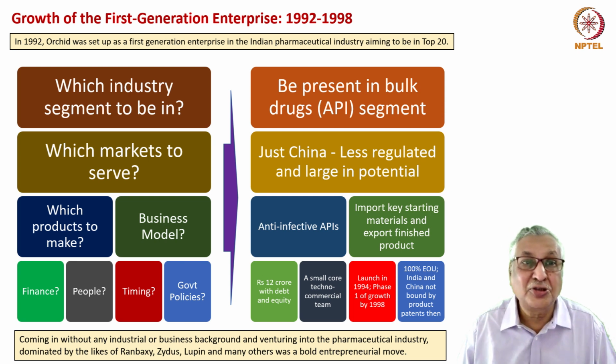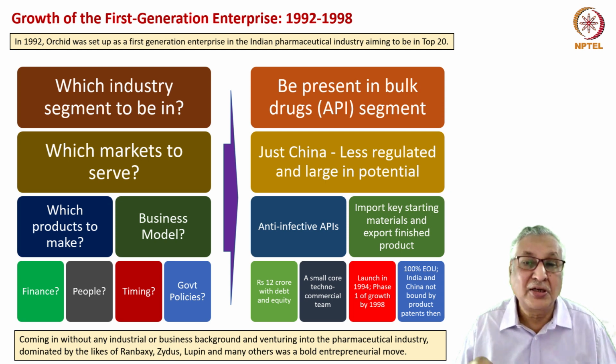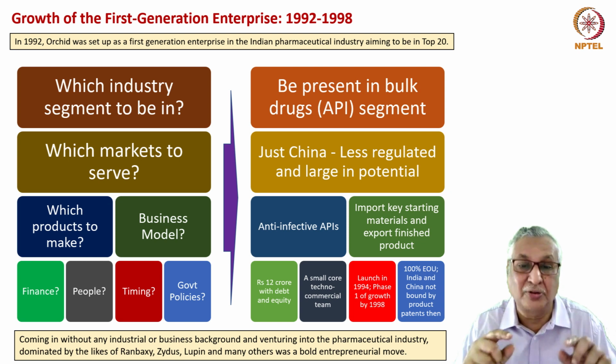The company decided to be present in the bulk drugs or the active pharmaceutical ingredient segment. As I have told you earlier, the bulk drug or the active pharmaceutical ingredient is the substance of your tablet or capsule or any other dosage form that has the real, proper, and appropriate therapeutic effect. That is the molecule, the basic molecule which works on the disease pathway and cures the disease.